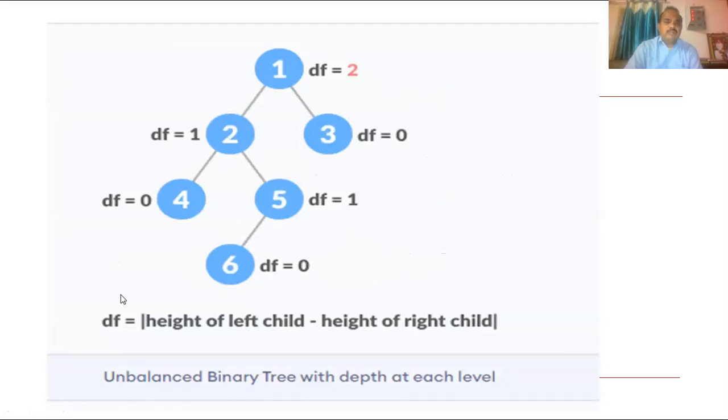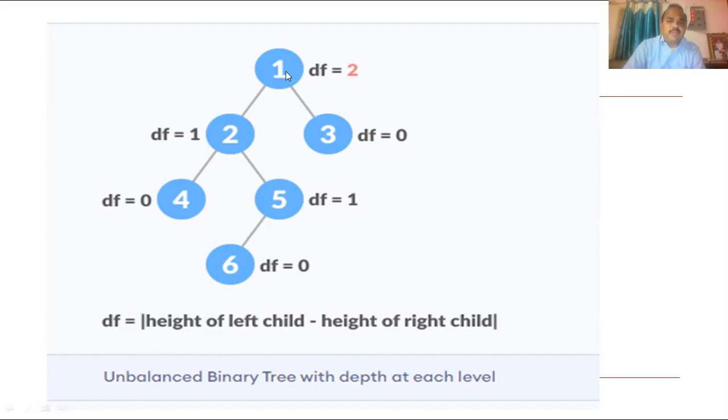Come here, all of you. Here 0, next one 1, next one 0, next one 2. Why? This difference is 1, then that is 2. At each node, the difference equals the height of the left child minus the height of the right child. Clear?